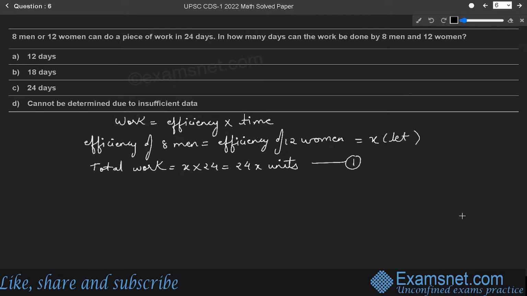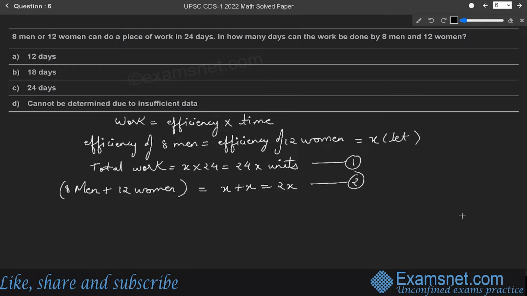Now we have to find the combined days. So 8 men plus 12 women, if they work together, then the combined efficiency will be X plus X, which is 2X. This is the combined efficiency of both. So let this be equation number 2.